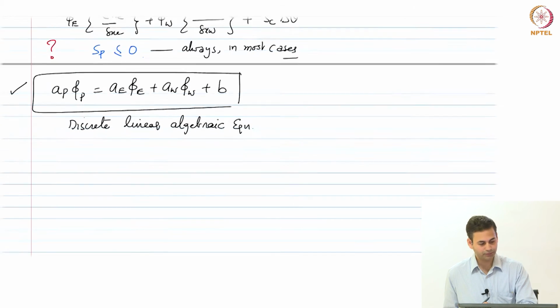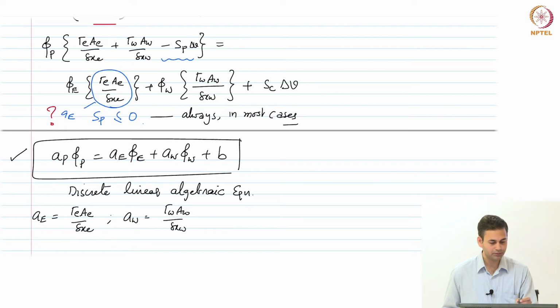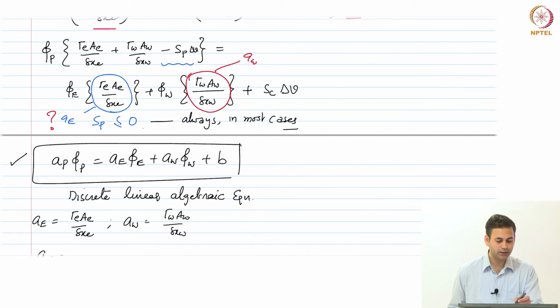Alright, now what about the coefficients that we have? What about aE? aE is of course gamma e A e by delta xe, right. If we go back here, this is our aE term. Similarly, what would be our aW? Gamma w A w by delta xw, this is our aW. Now what about aP? If you look at the coefficient, what does aP contain? aE, aW and minus Sp delta v.